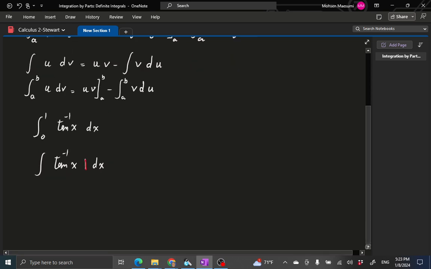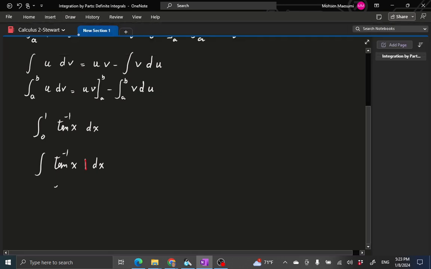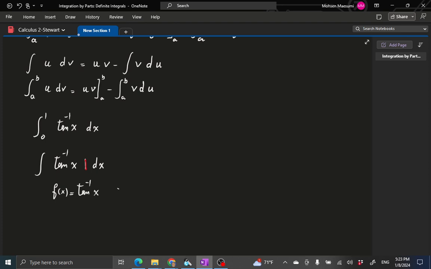Now we go ahead and actually complete the integration. So I have my f of x taken to be tangent inverse of x, and then for that I need f prime of x. The derivative of this, you remember from calculus 1, you need to have that table available to you at all times and try to memorize it, of course.